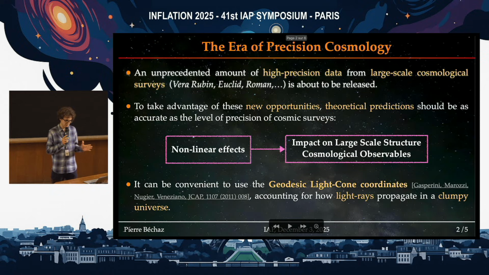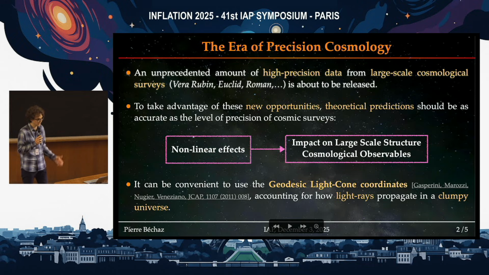So to give you the general motivation for this work, we know that, as Mario recalled so far, we are about to receive an unprecedented amount of high-precision data from large-scale cosmological surveys. And so to take advantage of these new opportunities, our theoretical predictions should be as accurate as the level of precision set by cosmic surveys.